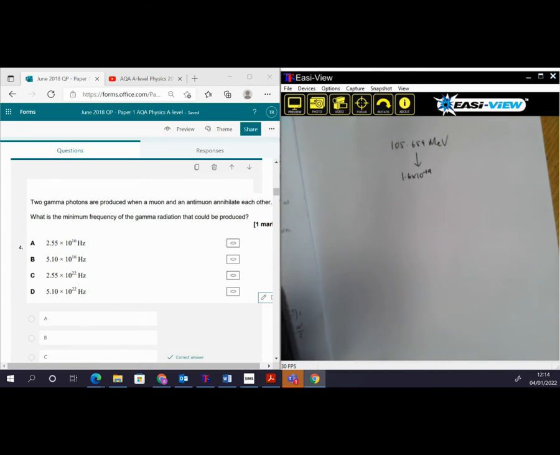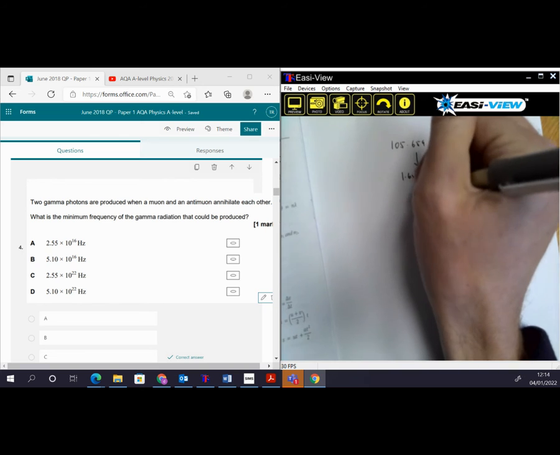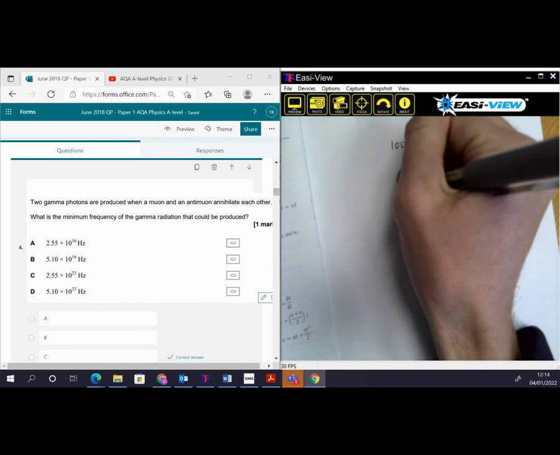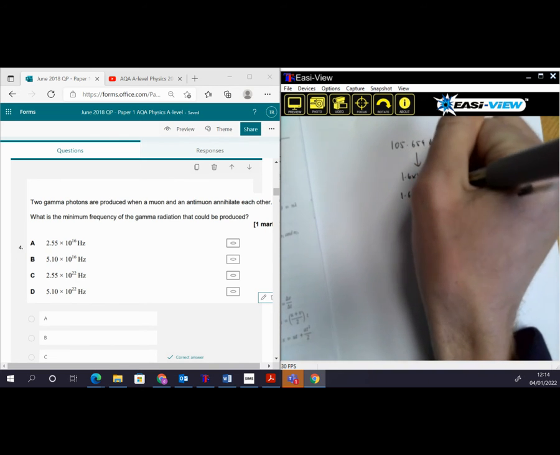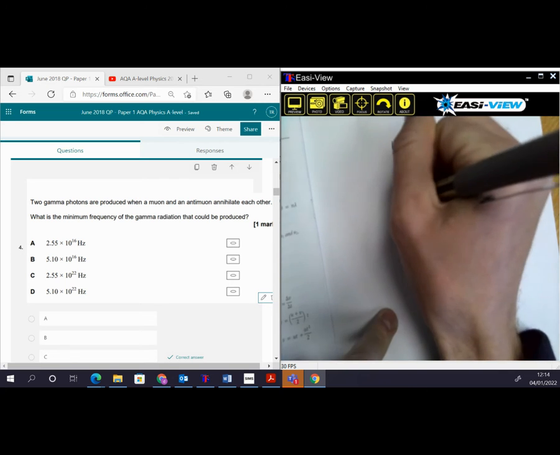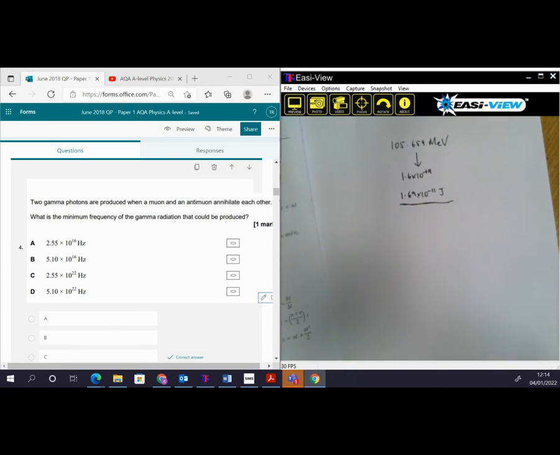So it's 105.659 million, because it's MeV, and then times by 1.6 times 10 to the negative 19, and I should get a much smaller number, and I do, and I get 1.69 times 10 to the negative 11 joules. So that's the energy released if I was to convert all of a muon's mass into energy.